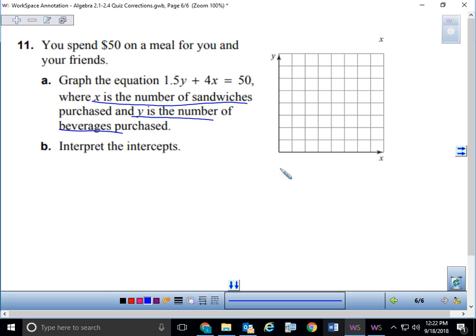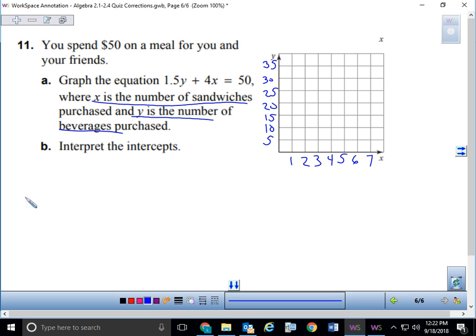Just like in class, I told you to scale your x's by 1. So 1, 2, 3, 4, 5, 6, 7. And then I told you to actually go up by 5s on your y. So 5, 10, 15, 20, 25, 30, 35. Well, this equation, to graph it, I don't want to move that to y equals mx plus b.